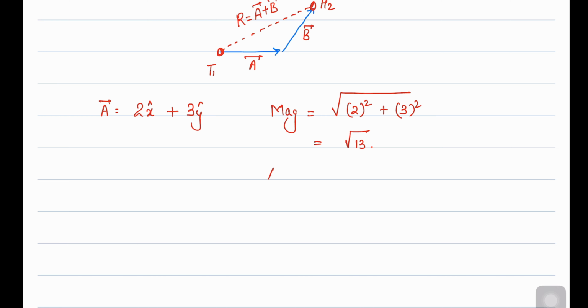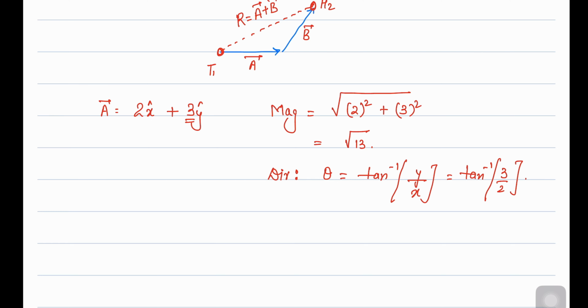How to find direction? Direction is theta equals tangent inverse y divided by x. So here it is tangent inverse 3 over 2. Do you understand? Like this.